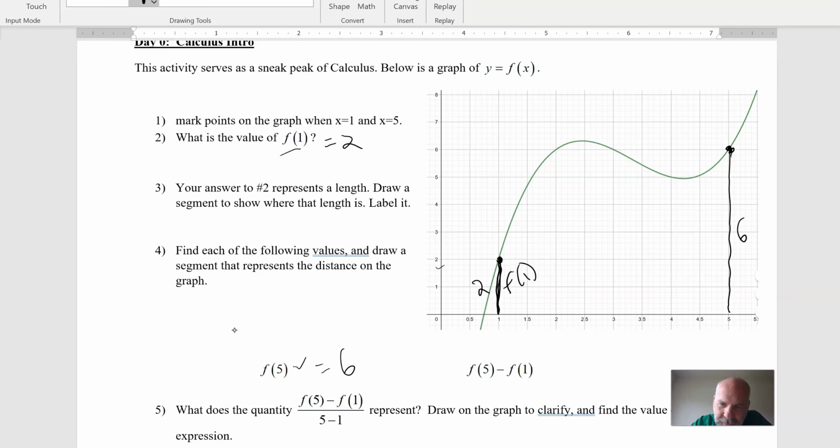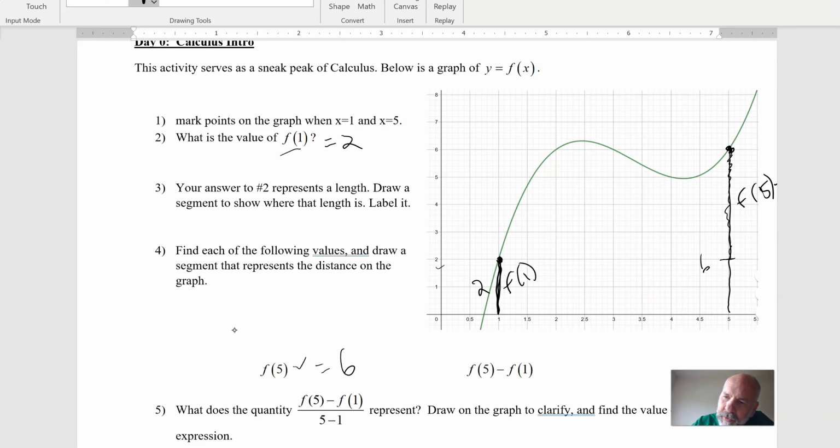Well, if this is f of 1 and this is f of 5 over here, then the difference between the two of them, since they're both vertically oriented, is just that part cut off, and it's this part right here. Why don't I label that a little better to make it easier to see. This distance right here is f of 5 minus f of 1.